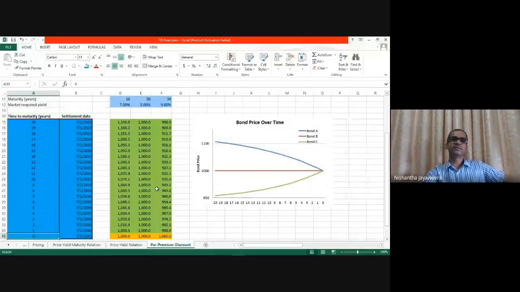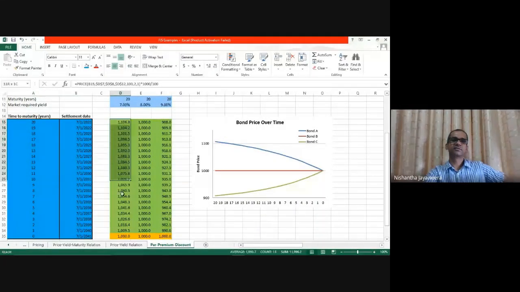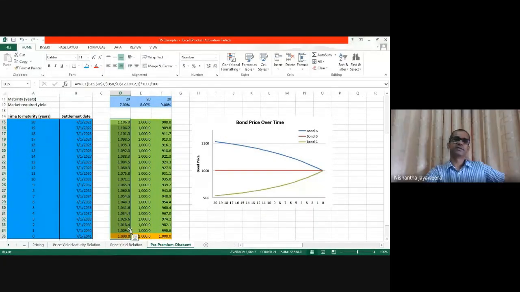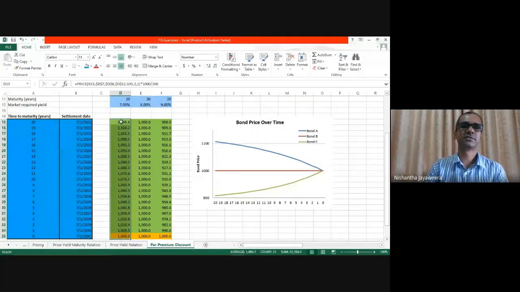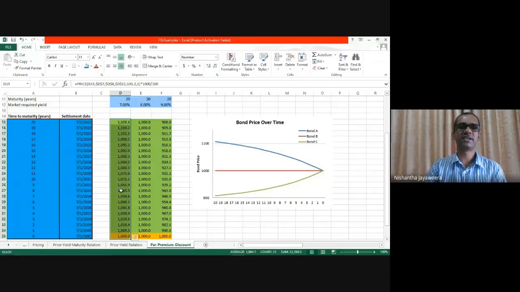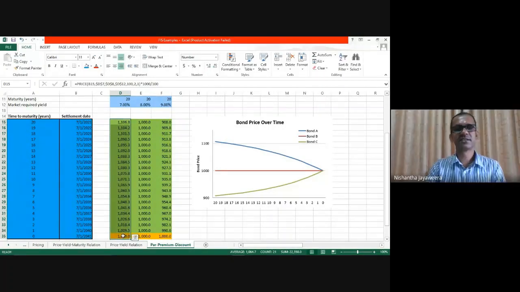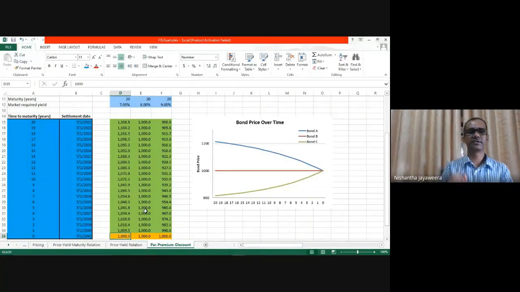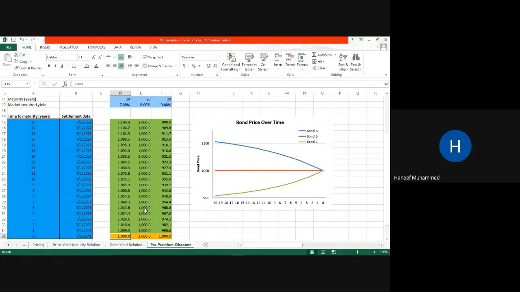So you can see this one. What happens? It starts with 1106.8. I didn't change the yield. It's 7%, remains unchanged, but the maturity goes down. What happened? The price decreases, and on the maturity date, it comes to par. Clear?